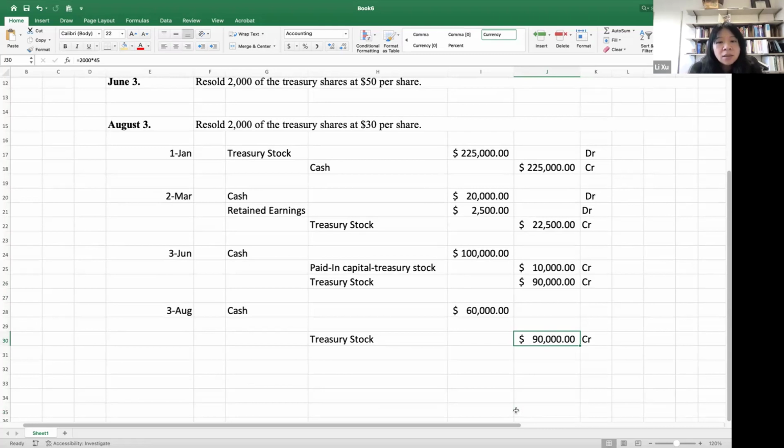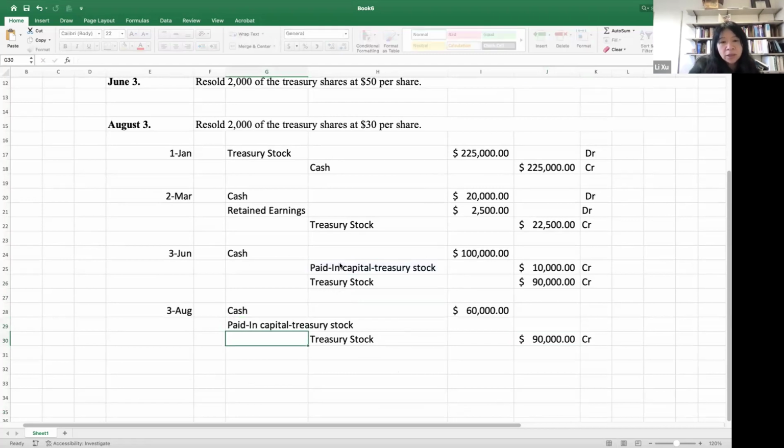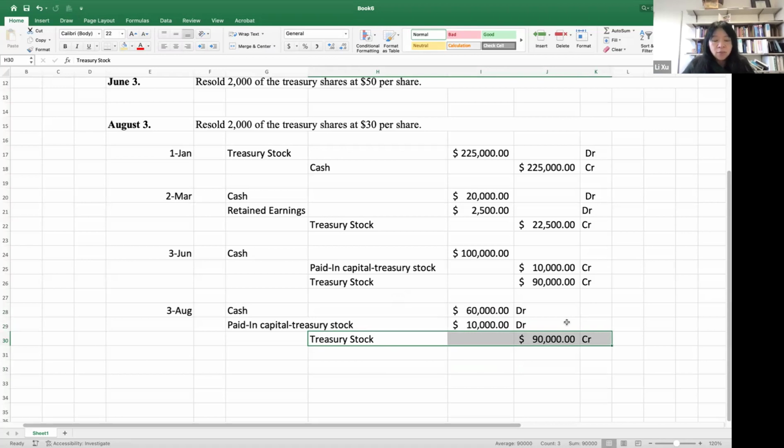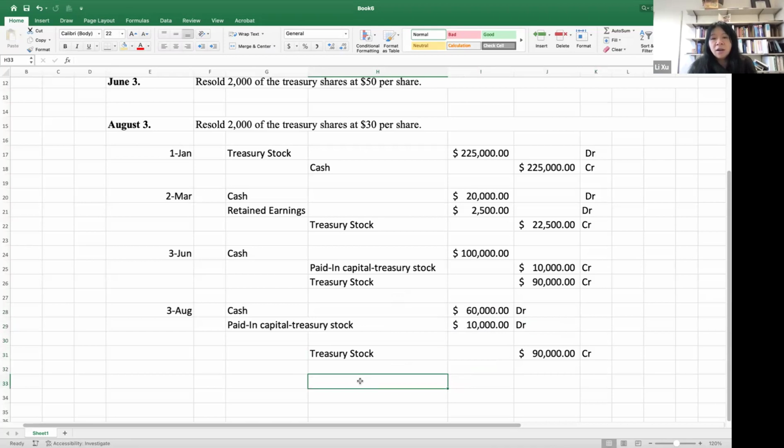For this 30,000, first we're going to look at our cookie jar, right? Do we have anything in the cookie jar? The answer is yes, we do have this paid in capital. We put some cookie in, which is the 10,000. So we're going to take it out of the cookie jar first. So we're going to debit this, and you might say, wait a minute, debit is not equal to credit. What are we going to do? We need another debit. Here the loss is 30,000.